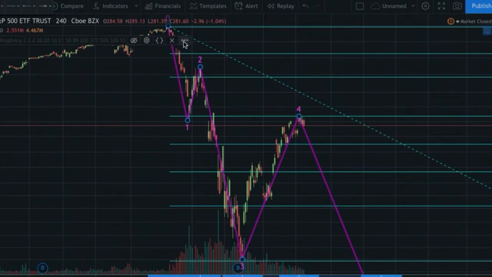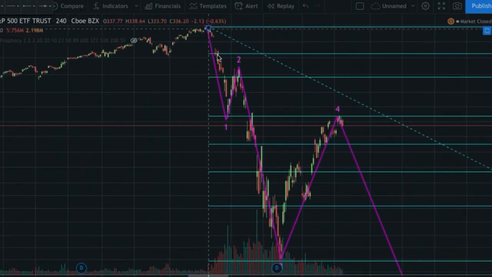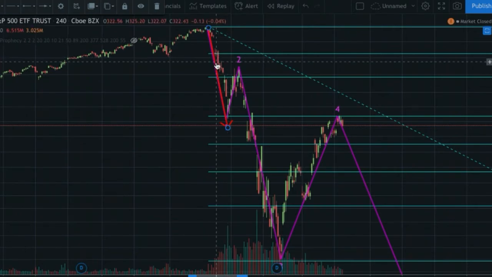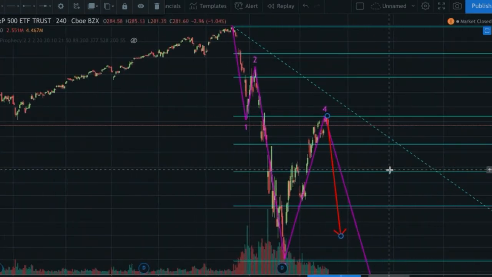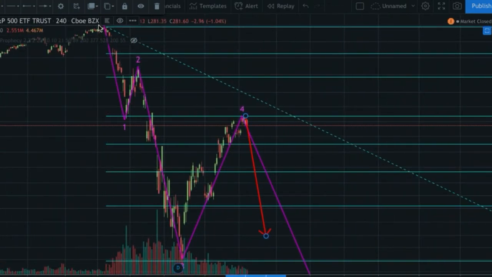But an easy way to get a rough idea of what you can expect is to take the measured move off of the previous one, and I would assume statistically it has a very high likelihood that the wave 5 down here is going to be the same length as 1 or 3, similar between 1 and 3.